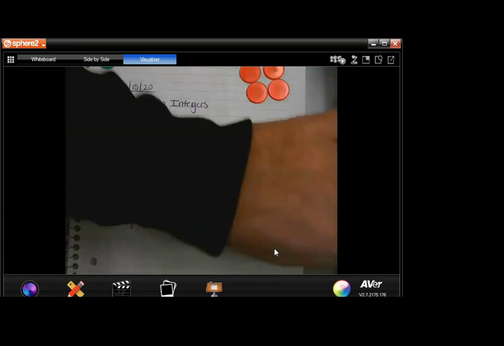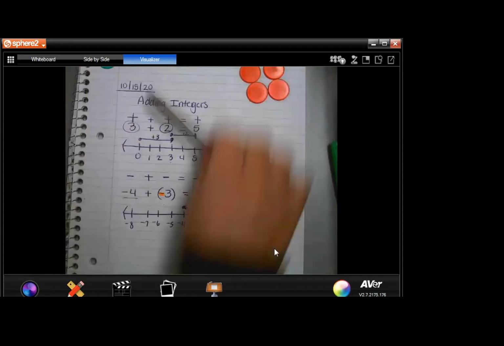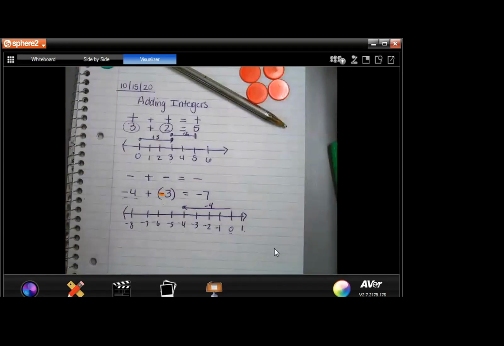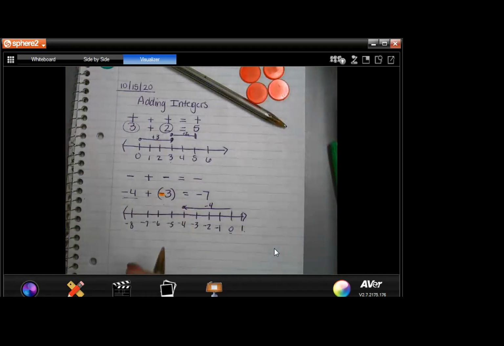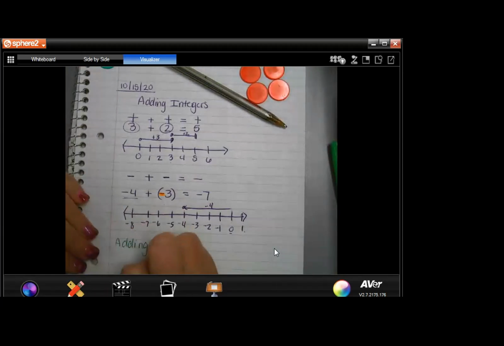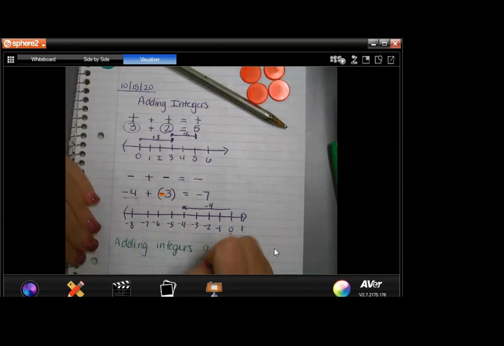Now we're adding more negatives to this. So if you're adding more negatives, do you go to the dark side or do you turn around and go positive direction? Okay, well, here is what I'm going to share with you. When adding integers, I want you guys to think about this as money problems.